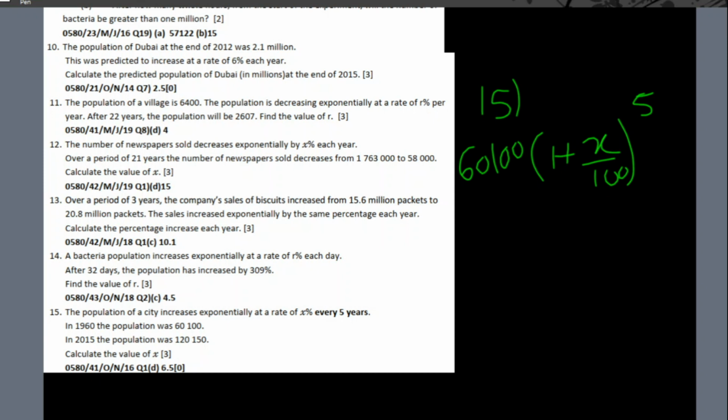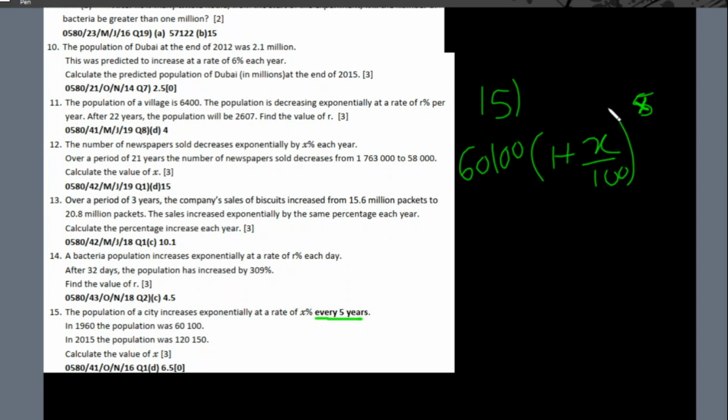In 2015 this population was 120150. Calculate the value of x. Okay, so look, the words every 5 years is in bold, so the time is not 5 years here, it's increasing by this given rate every 5 years.